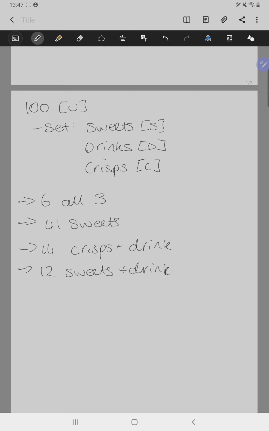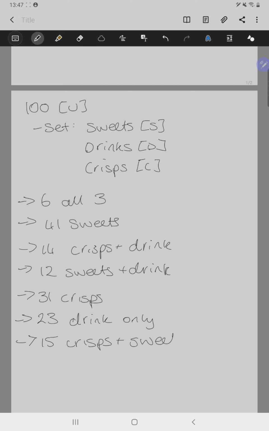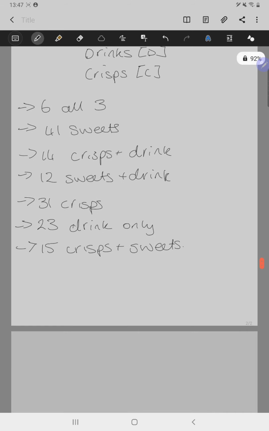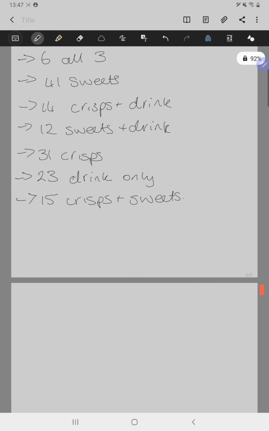They tell us that 31 bought crisps, 23 bought a drink only, and then 15 bought crisps and sweets. So the phrasing that they use in these questions is really important because that actually tells you everything that you would need for this.